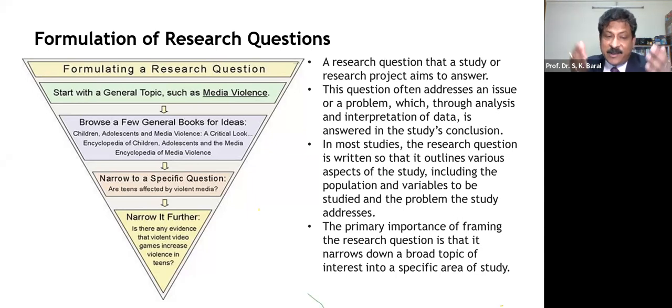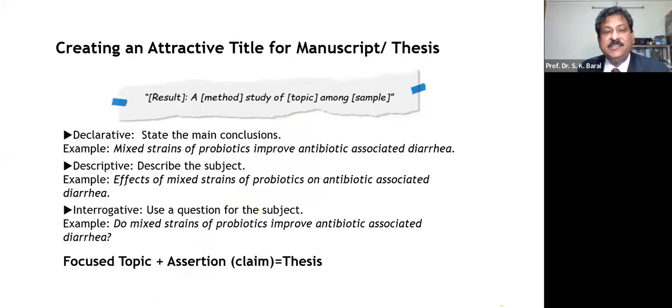So you have to narrow down the question. So the last will be like this: is there any evidence that violent video games increase violence in teens? If you can catch those things, it will be easier for you to go ahead.